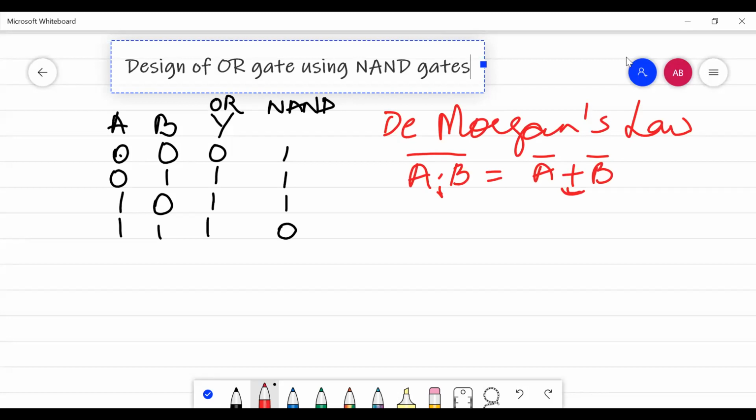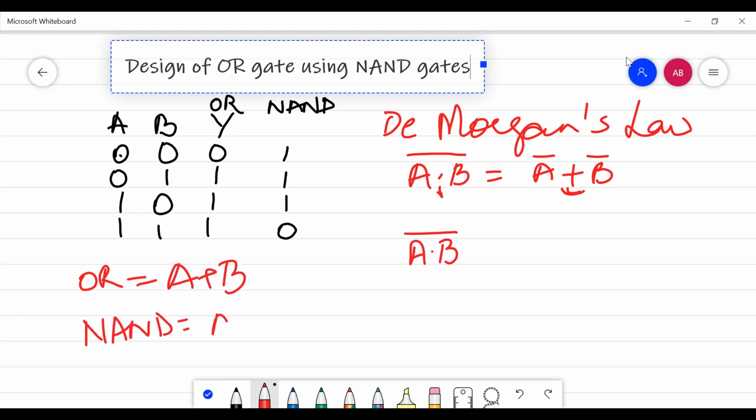So what if I'm going to make this thing? You all know that our OR gate is always indicated as A plus B, while your NAND gate is always given as (AB) bar, right? So let me just take another bar over here.